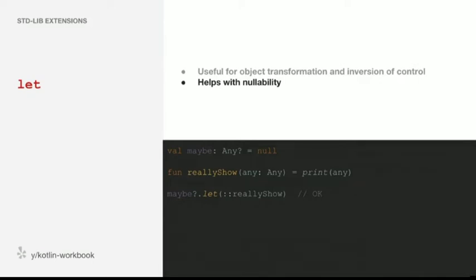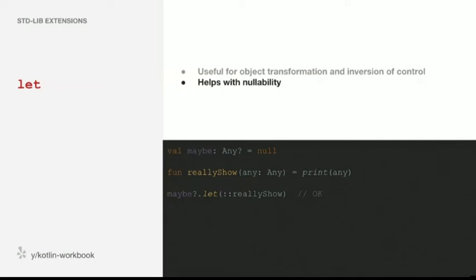You can just use the let function that basically accepts a function itself. So in this case, I'm making a safe call to the let function, and I'm passing in the reallyShow function as the function that I want to be executed inside the let. So this will make sure that if maybe is null, it's not going to call anything. If maybe is not null, it will call the reallyShow function, and the reallyShow function accepts Any.